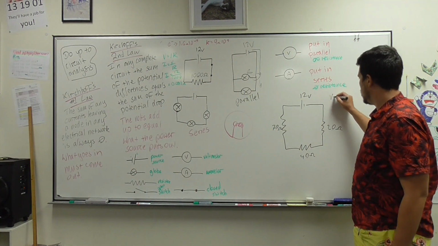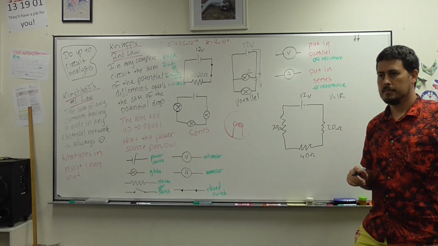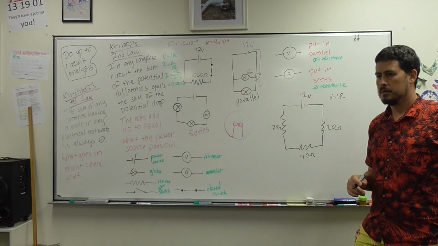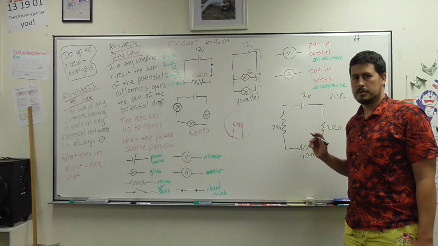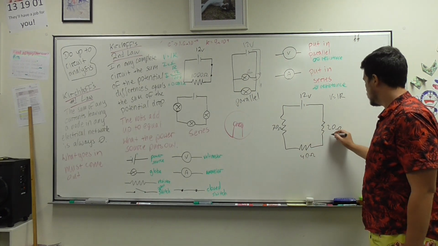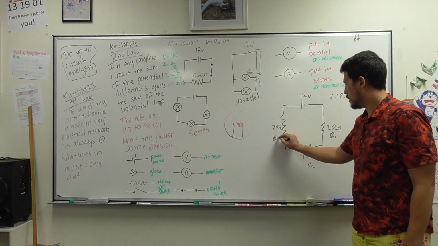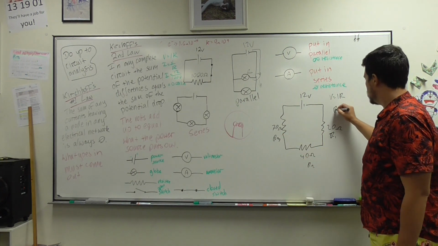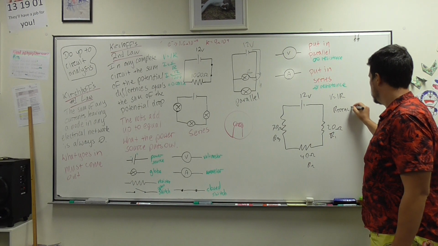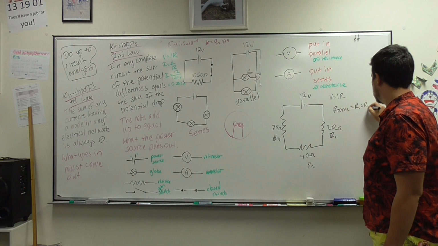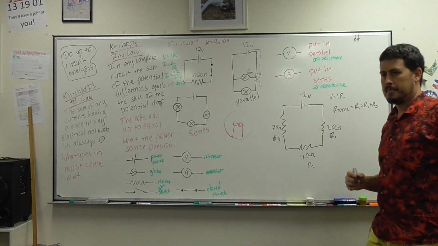Now we know V equals IR, yeah? So how are you going to work it out? Well, these are resistors in series. When the resistors are in series, we'll call this R1, R2, and R3. The total resistance will equal R1 plus R2 plus R3.